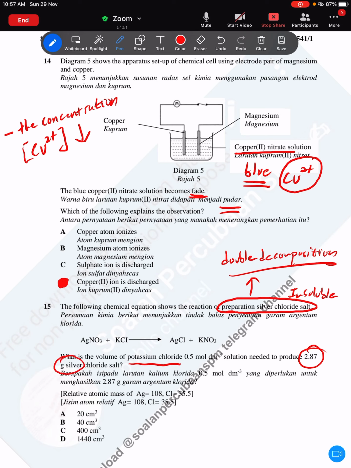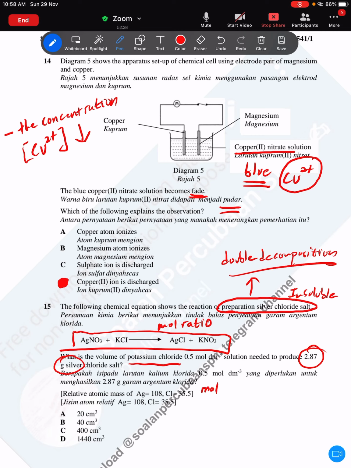First of all, guys, you're going to use the mole ratio. Always make a habit whenever you get an equation, check whether the equation is balanced or not. Of course, in this case, it's balanced on both sides. It produced how many moles? You need to calculate.